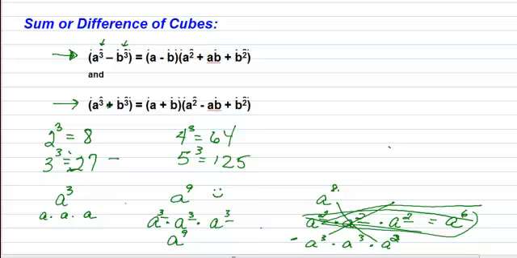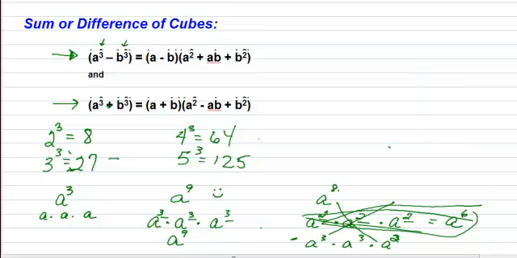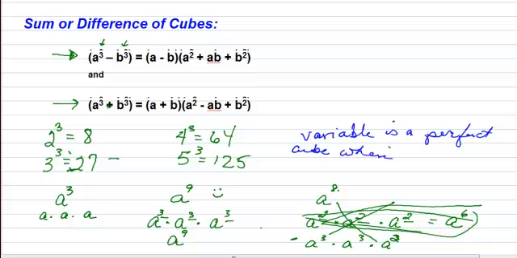The good news is it's just as easy to recognize perfect cubes, and all you have to do to recognize a perfect cube: the variable is a perfect cube when the exponent is divisible by 3.